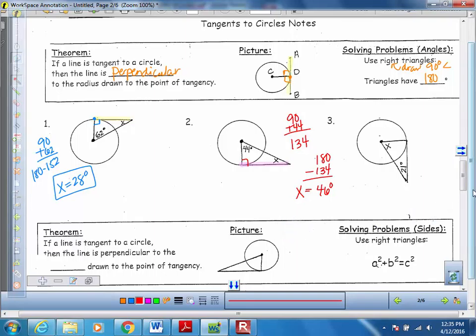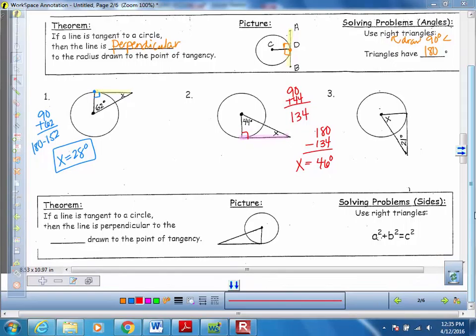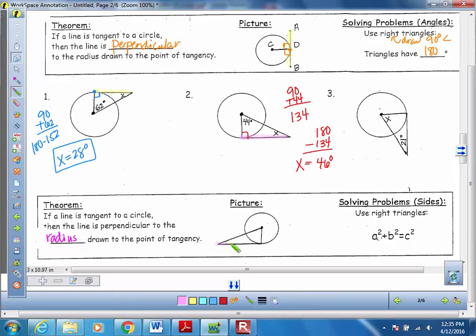Now, the next theorem that I want to talk about is that if a line is tangent to a circle, then the line is perpendicular to the radius drawn to the point of tangency. Basically, what that says is that where the tangent line and the radius meet is where it's perpendicular. So this is my radius.